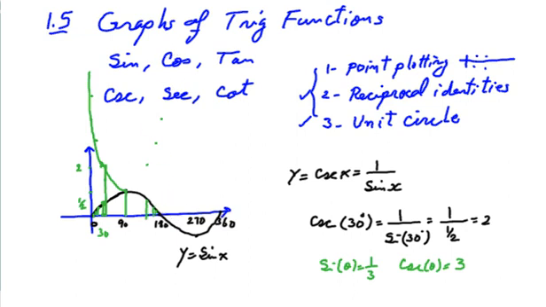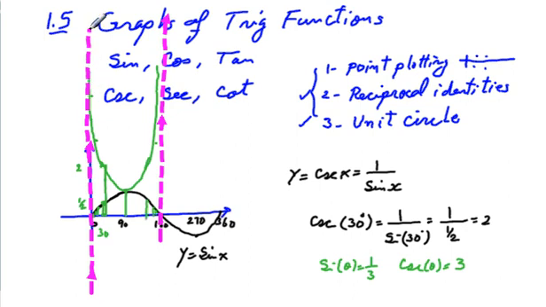To guide my hand, I draw this line, which I call a vertical asymptote, and these points just escape to infinity next to that asymptote. We are going to have one of these asymptotes at any point where sine hits the x-axis. So here there's going to be another one.